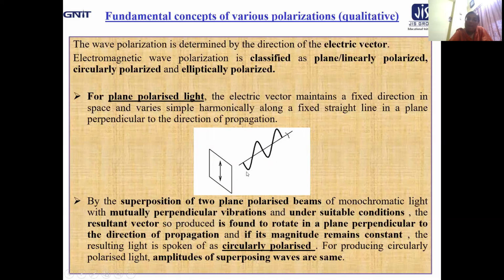Now, if the magnitude of the resultant light vector remains constant, the resulting light is spoken of as circularly polarized.